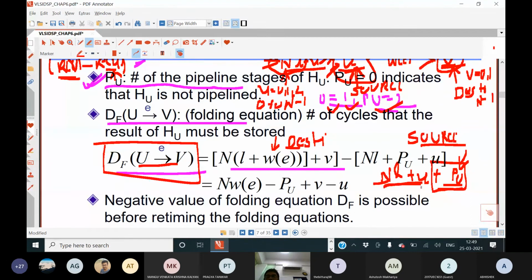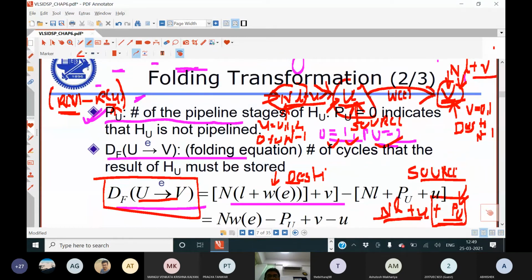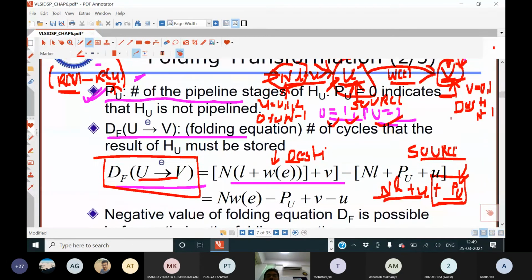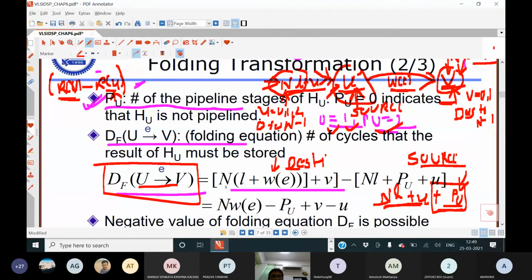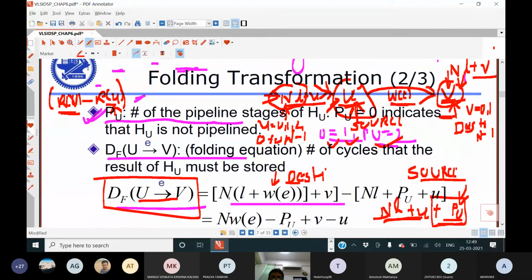Once NL plus U plus PU is known to you, then you need to add WE. Then you can identify when the destination node will be executed. So ultimately, for every loop, NL plus V, L plus WE.